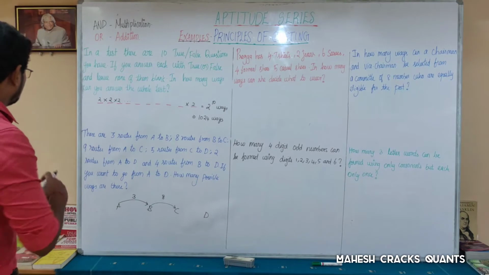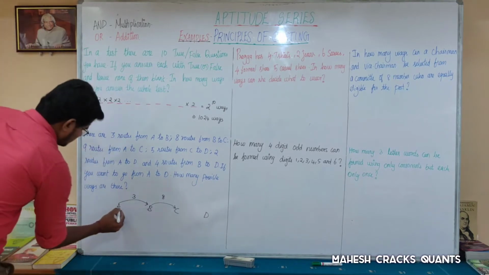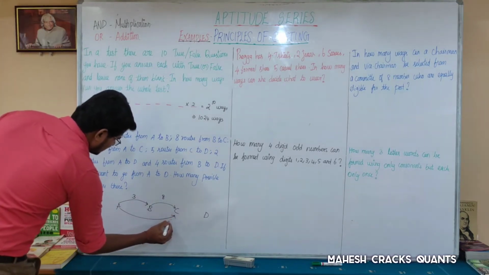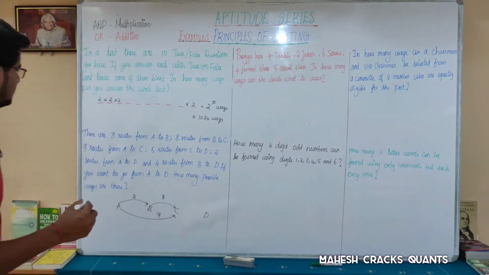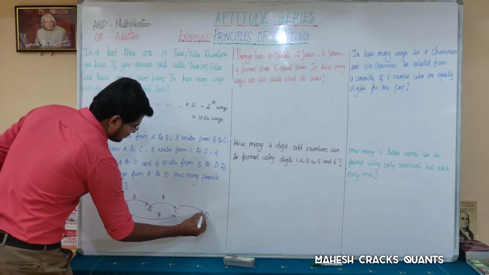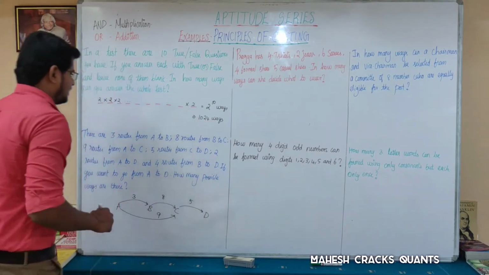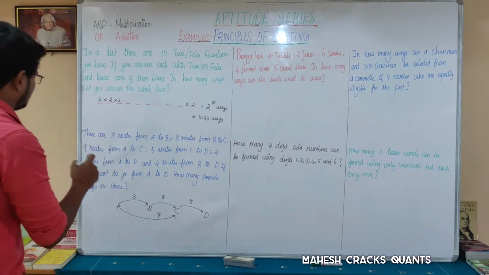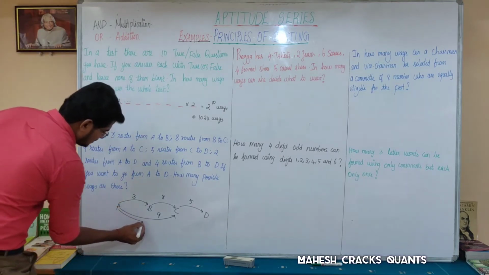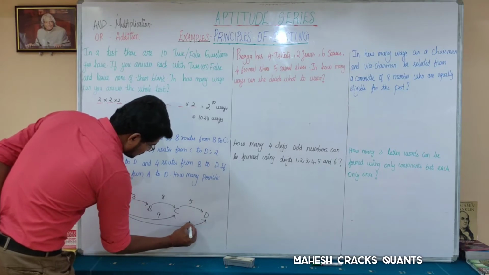Next, 9 routes from A to C, so if you are going directly A to C, 9 routes are there. And 5 routes from C to D. Then 2 routes from A to D, directly A to D, 2 routes.